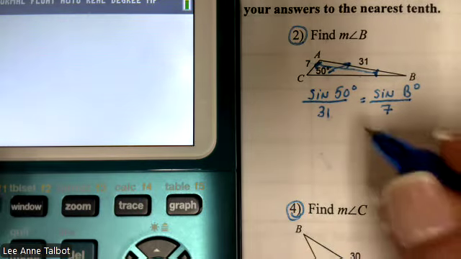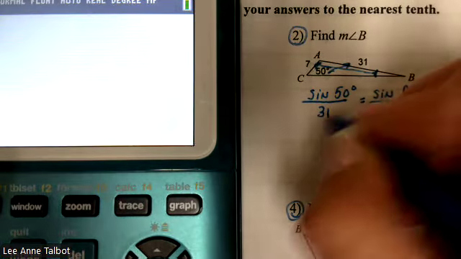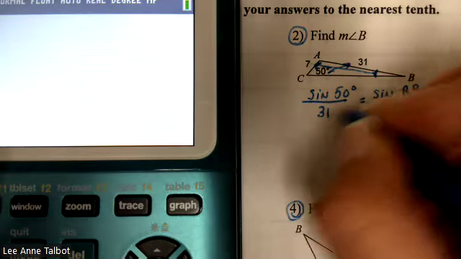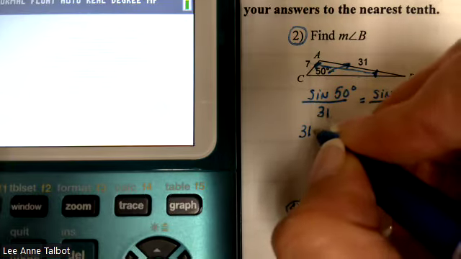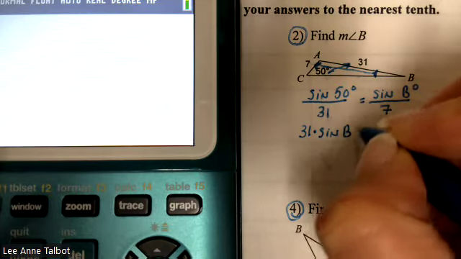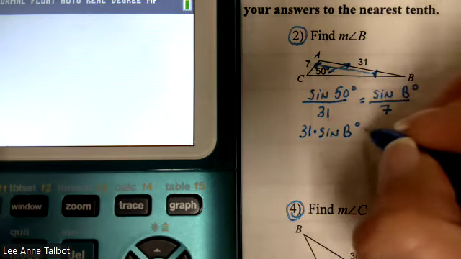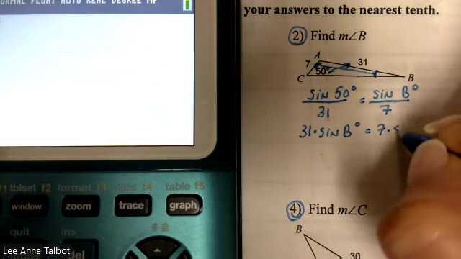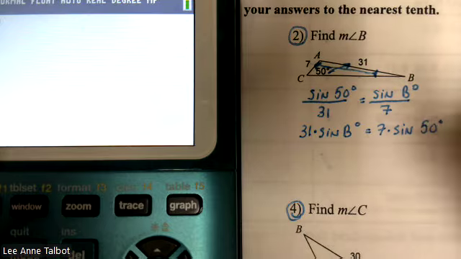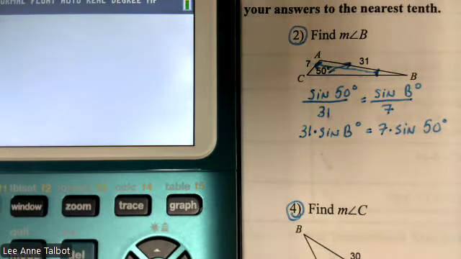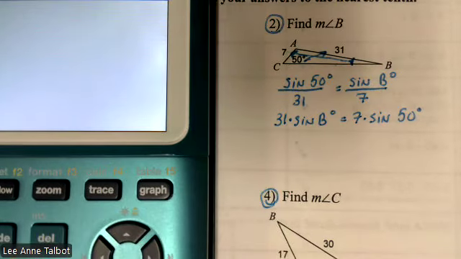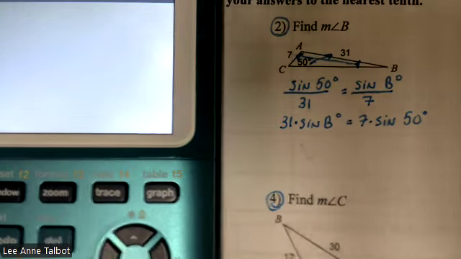Okay, now cross multiply. I like to put the variable in the front. So I'm going to do this side first. So 31 times sine B equals 7 times sine 50. Does everybody see my cross multiplying okay?